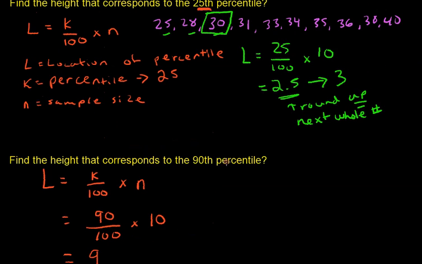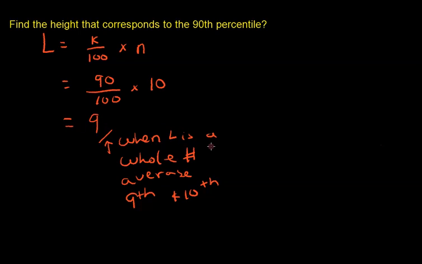If we go to our data, where is the 9th and the 10th? 1, 2, 3, 4, 5, 6, 7, 8, 9. So this is the 9th observation and the 10th observation. I need to average 38 and 40. So the 90th percentile would be the average of 38 and 40.